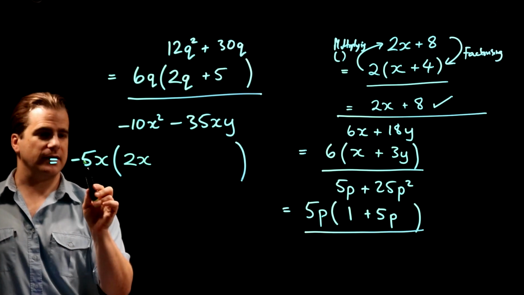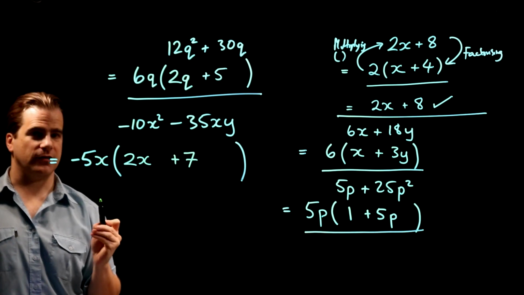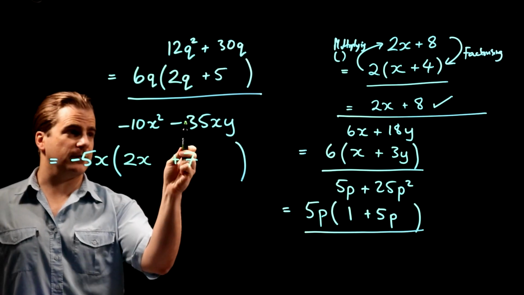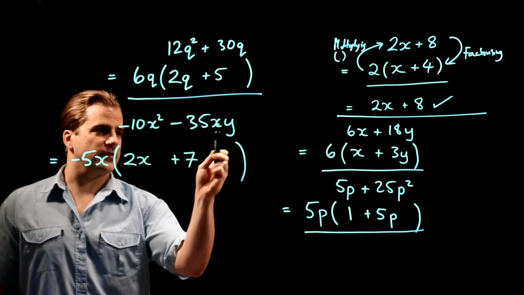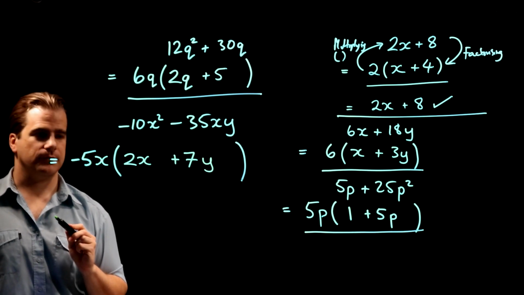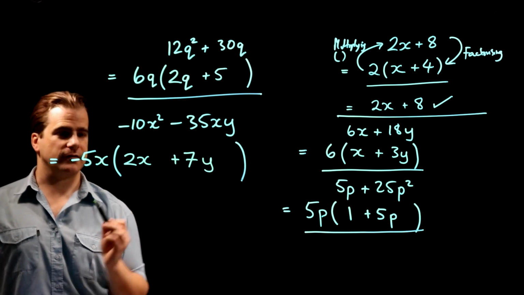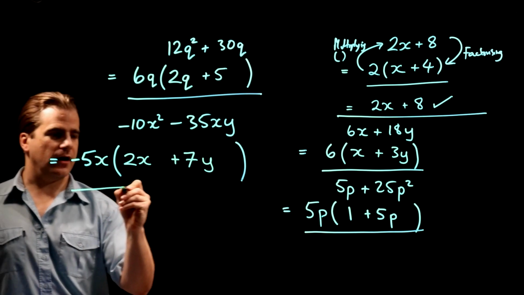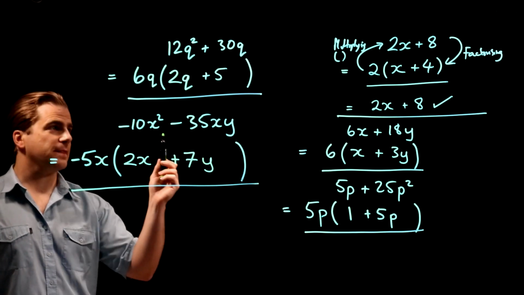Well, looking at the numbers, minus 5 times plus 7 is minus 35. Okay? So minus times a plus gives a minus. And now, x times what gives xy? x times y gives you xy. Because minus 5x times plus 7y equals minus 35xy. Okay? So a harder example, but exactly the same stuff. There you go. That's factorising.